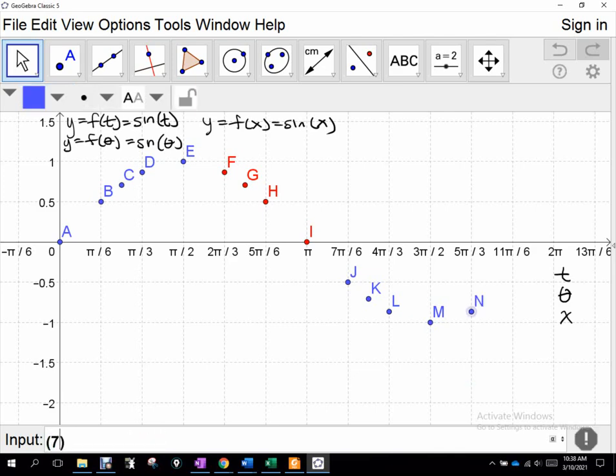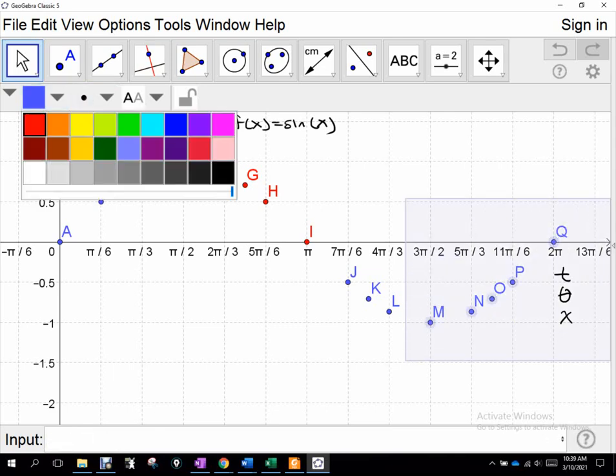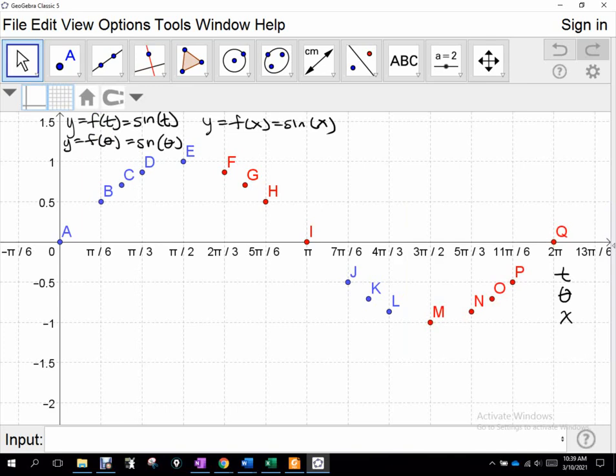When we go to 7 pi over 4, it should be negative square root of 2 over 2. And we go to 11 pi over 6, it should be negative 1/2. And then 2 pi, 0. And those are your fourth quadrant points.